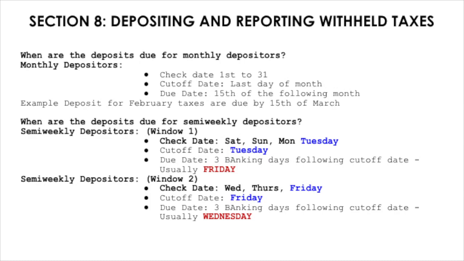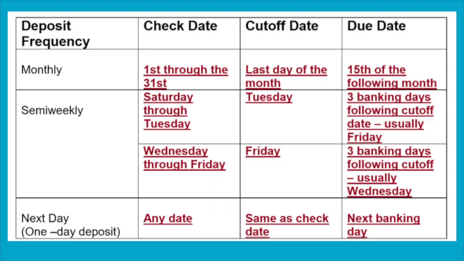For semi-weekly depositors, the payroll tax liability for wages paid on Saturday, Sunday, Monday, Tuesday must be paid by the following Friday. And semi-weekly depositors must deposit their payroll tax liability for the wages paid on Wednesday, Thursday, and Friday by the following Wednesday.